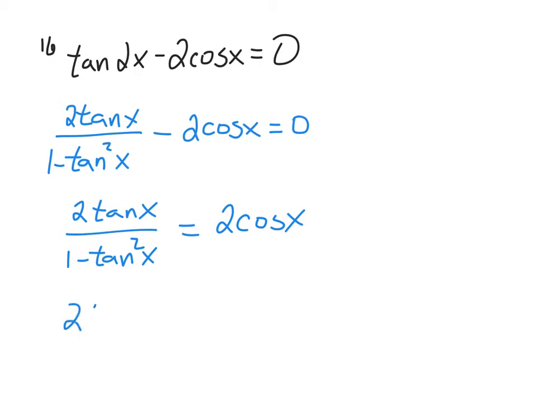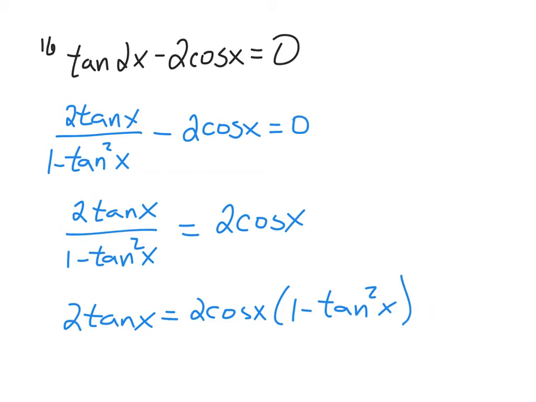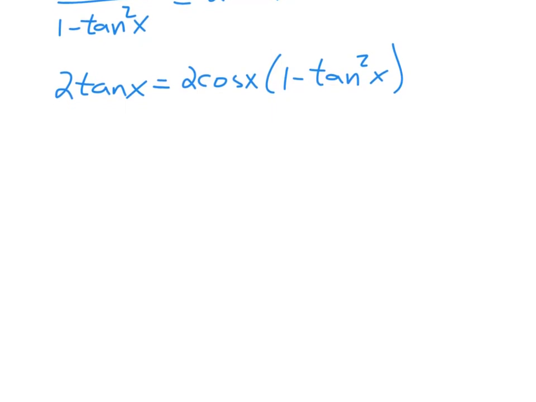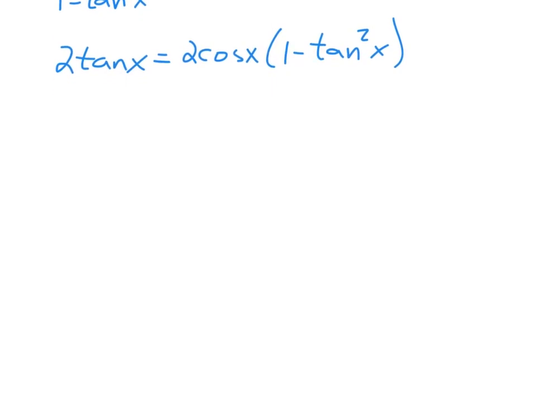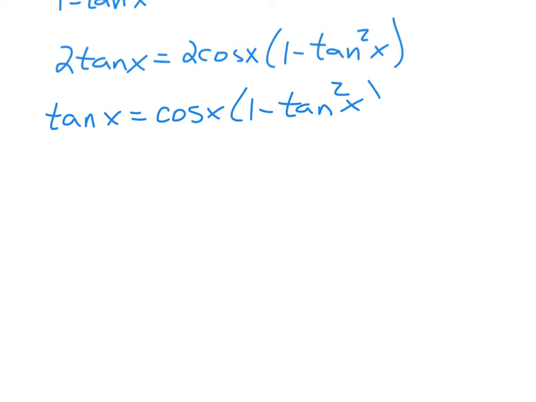I'm going to multiply both sides by 1 minus tangent squared. Now I'm going to divide both sides by 2. And then distribute the cosine.